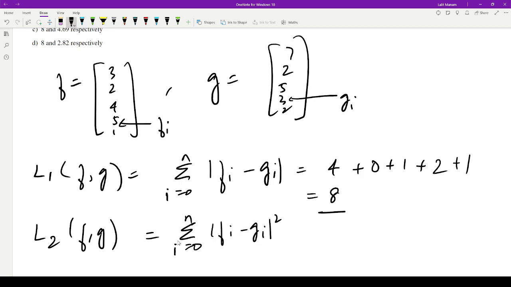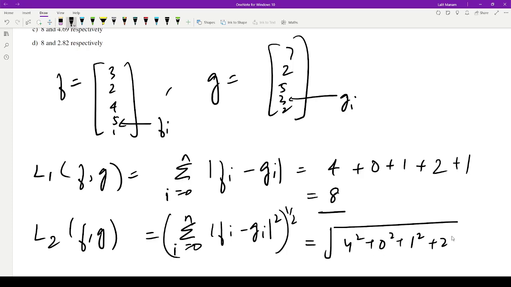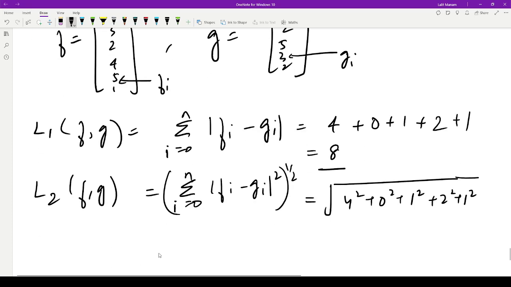Square root of this. So that means we are just trying to square each of these and take the square root. So it is 4 square plus 0 square plus 1 square plus 2 square plus 1 square, so 16, 17, 21, 22. Square root of 22.